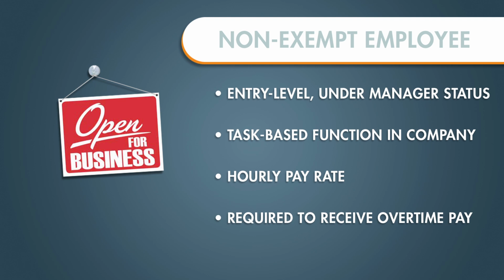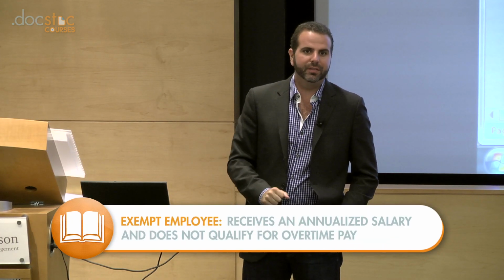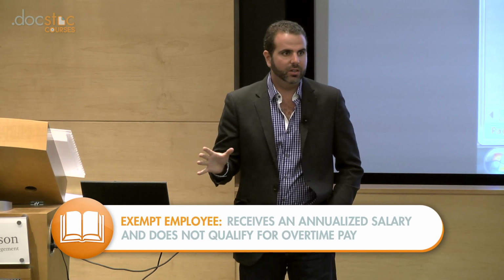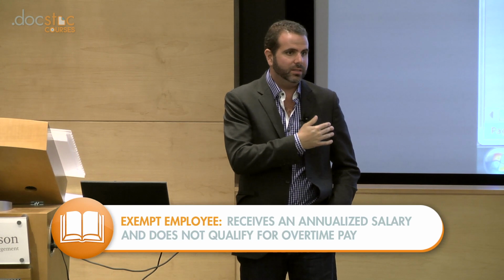Versus an exempt employee, that's someone that may be a VP or a manager or a C-level employee that you can say, look, your salary is $100,000, $200,000, $500,000 a year. You just got to do whatever it takes to get the job done. In many cases, they may be working 60, 70, 80 hours. Clearly, like everyone that works in investment banking is not getting paid overtime hours.